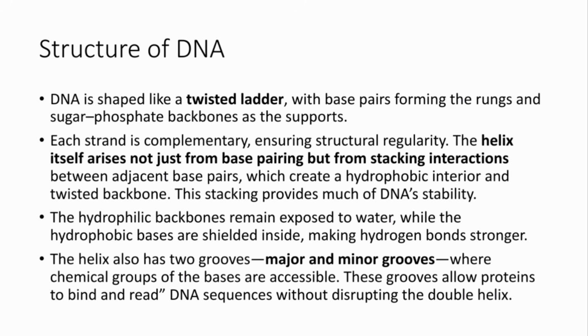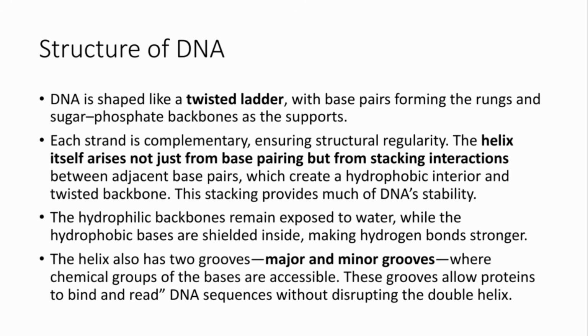So DNA basically looks like a ladder, but a twisted ladder, with the base pairs forming the rungs and the phosphate and sugar backbone serving as a support. Each strand is complementary. So if one knows the 5' to 3' strand sequence, then you can easily deduce the sequence of the opposite strand.